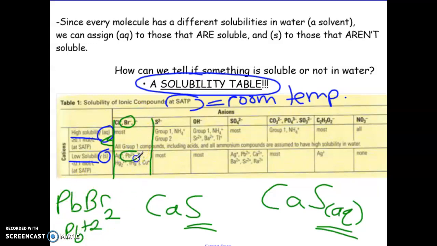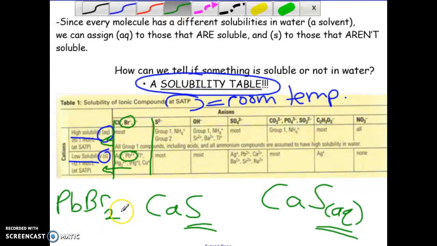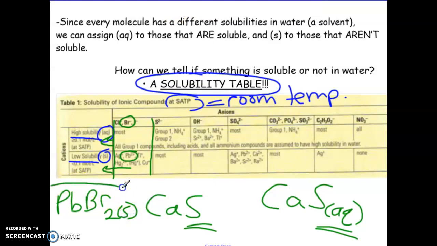I can actually see lead(II) is listed right here. So what that means is it has low solubility. So lead(II) bromide, when I'm writing this out in a chemical reaction, I would write it as a solid. We have a subscript of the state of matter that it's in. This chart actually is a huge help for when you're writing out chemical reactions and you need the states, because it's going to tell you, do you have a substance of high solubility or low solubility?